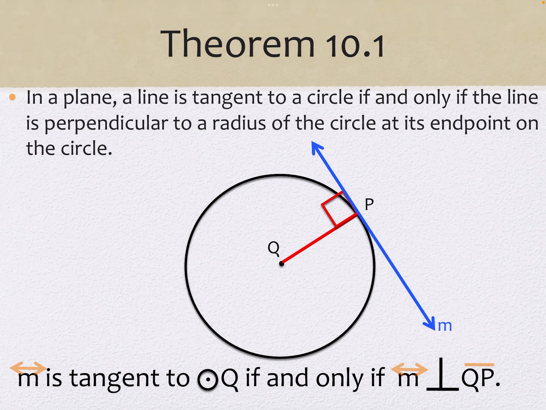Let's talk about theorem 10.1. In a plane, a line is tangent to a circle if and only if the line is perpendicular to the radius of the circle at its endpoint on the circle. So how do I know that that blue line is, in fact, a tangent? Well, if it makes a right angle with a radius, then, yeah, it's a tangent.